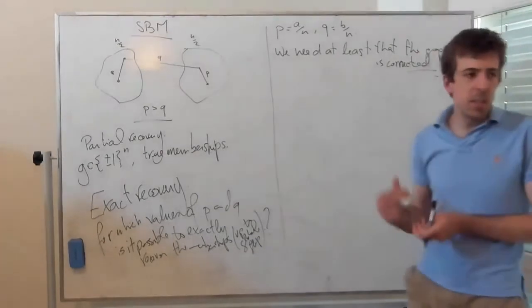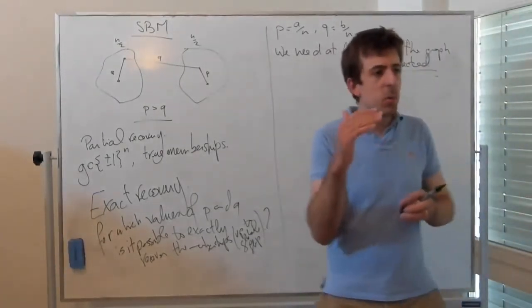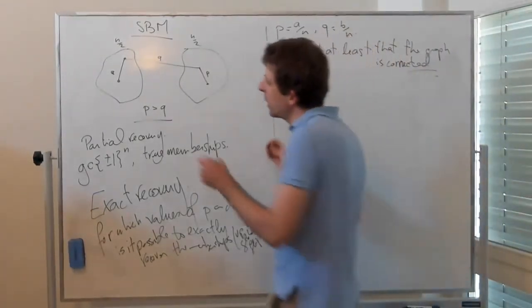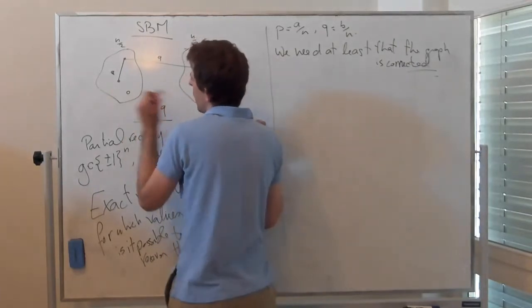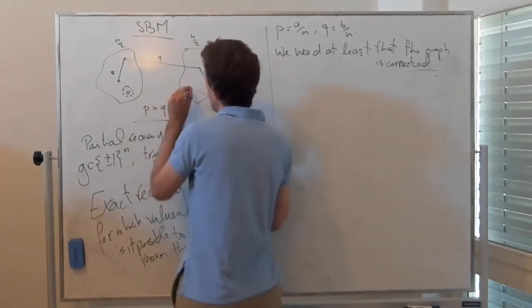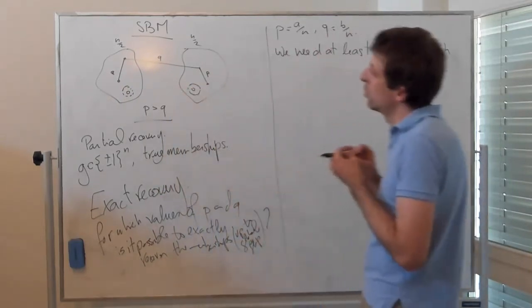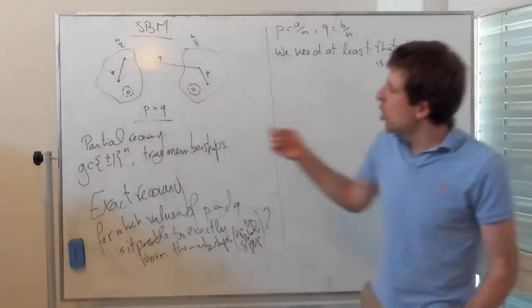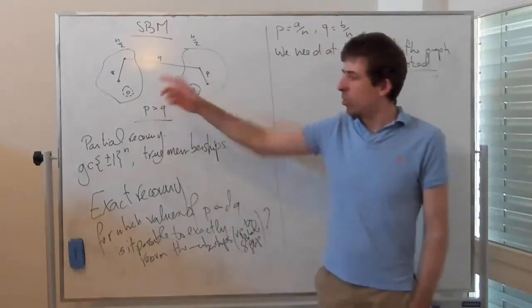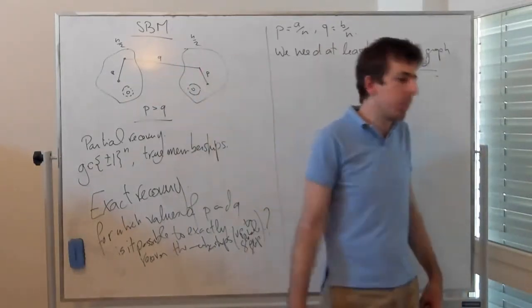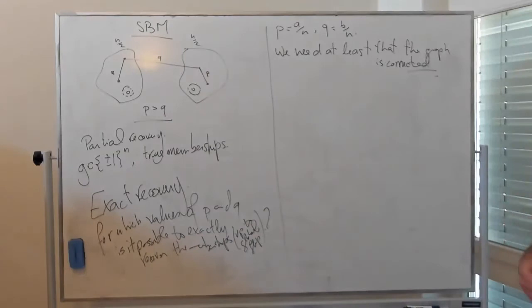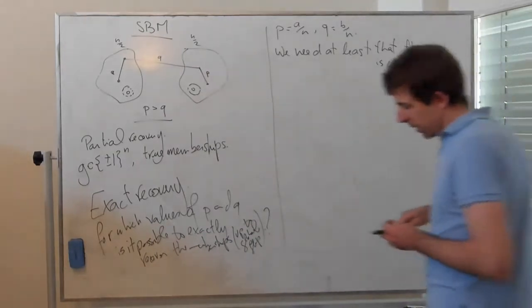Right, we need at least that the graph is connected, because if the graph is in a regime where we don't expect it to be connected, then there'll be nodes that are completely isolated. And if there's one, there'll be many, if this has a tendency to happen. Then we have no information whatsoever about each of these nodes, we could just very well swap those. Right, there'll be many, many of these. So we need the graph to be at least connected.